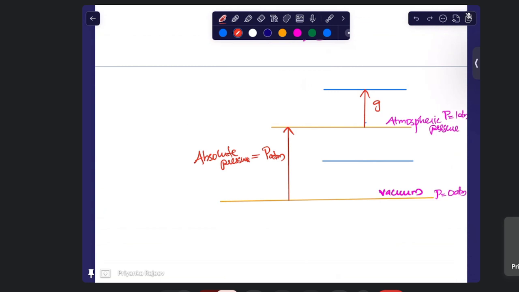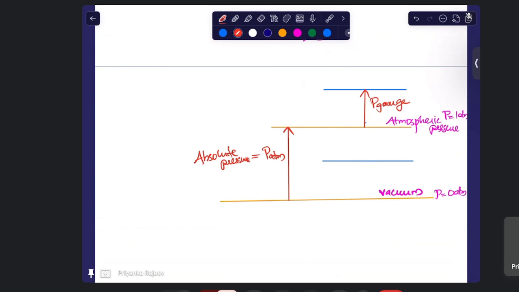Okay, P gauge. This is gauge pressure. So now there are two gauge pressures.